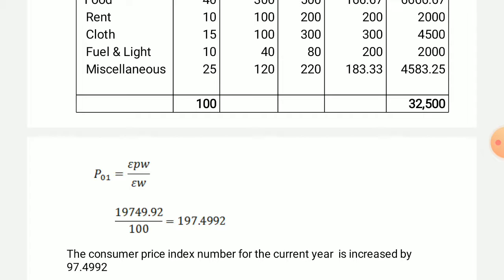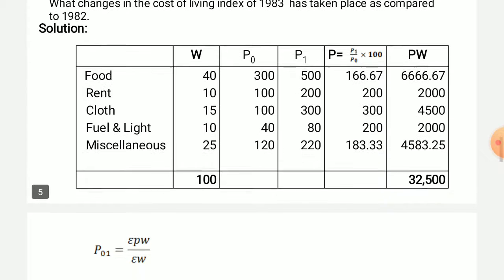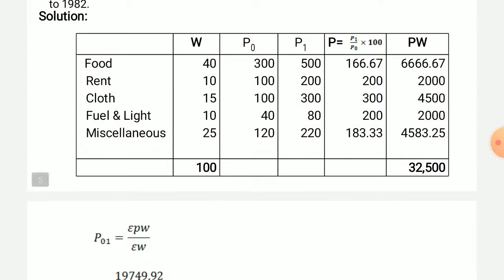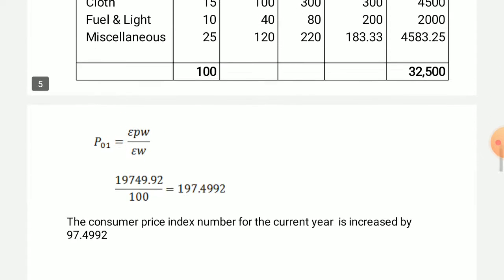Sigma PW is equal to 32,500 divided by sigma W 100 is equal to 325.